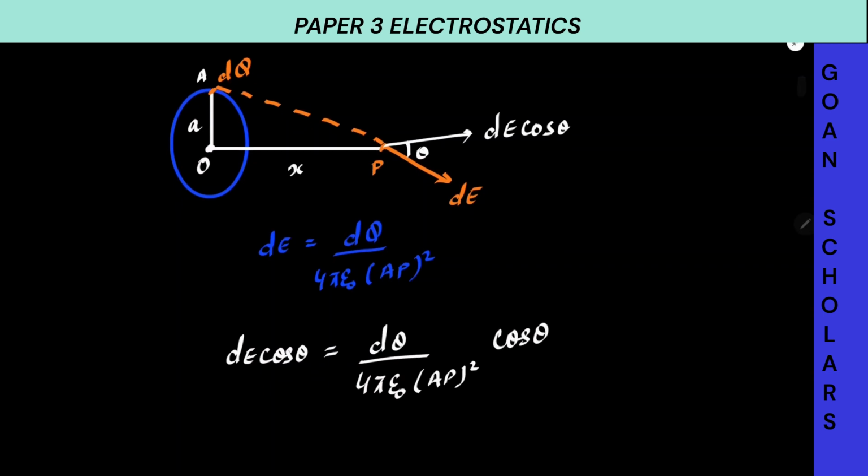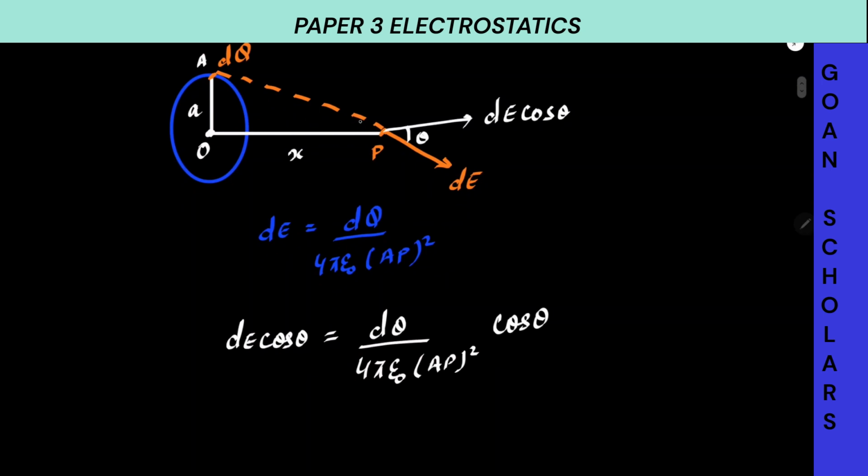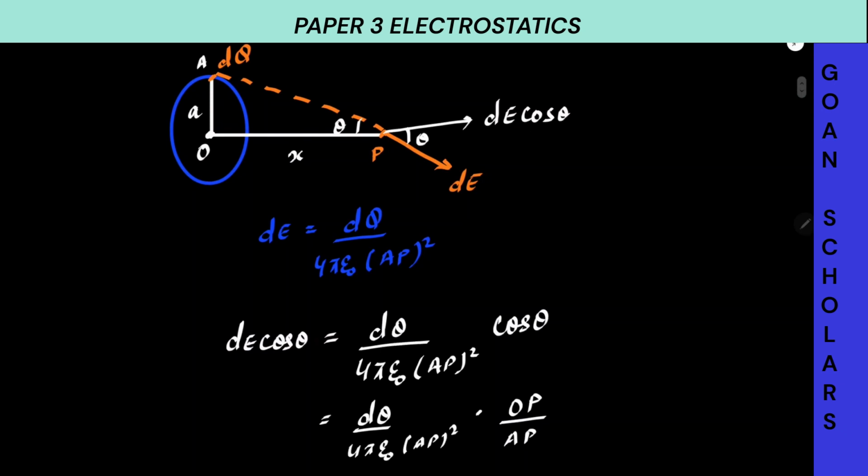Correct it is. Now what's cos theta here? If this is theta, this will also be theta. Correct? Vertically opposite angles. And if that is theta, then what is cos theta? Cos theta is base upon hypotenuse. So what is our base? OP upon hypotenuse, AP. Great. Now let's figure out what our AP is over here.